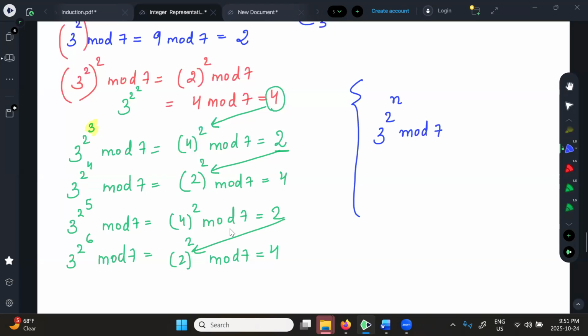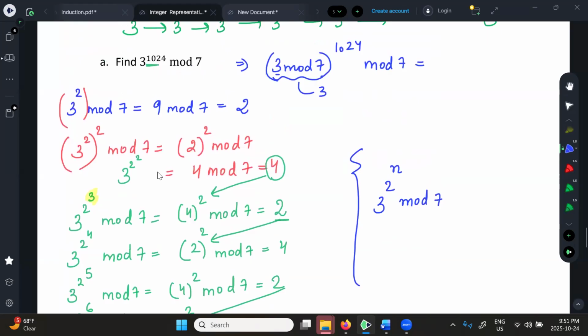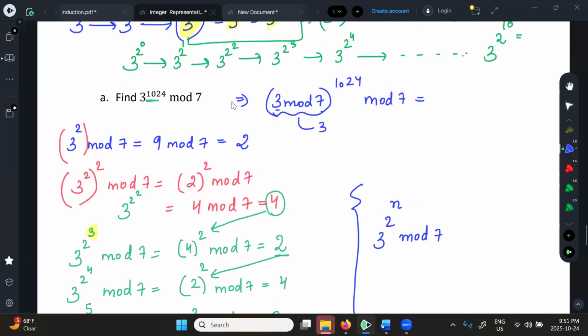It gave me 3 the first time when the power was 0, right? 3 mod 7 is 3. So I have 3 options. It's 3 if n is 0. It's 2 if n is odd. And it's 4 if n is even.